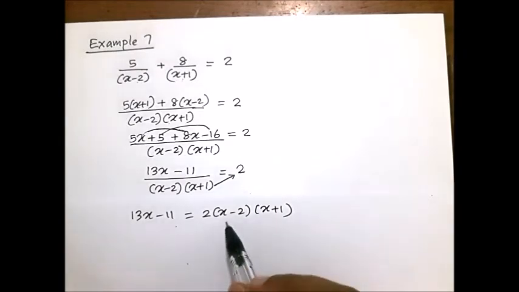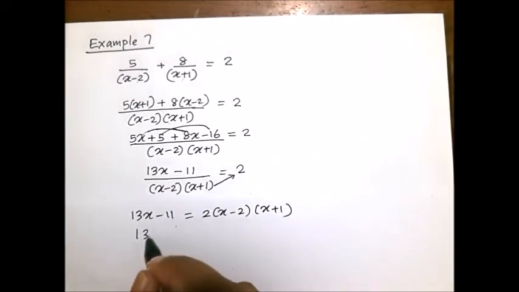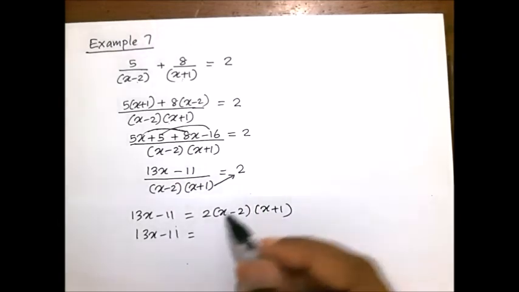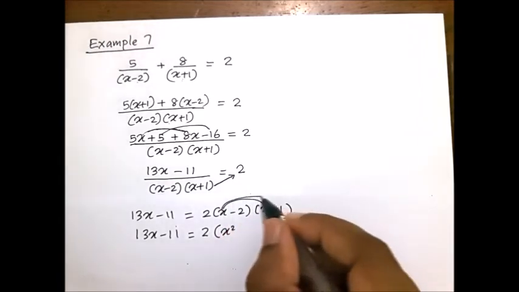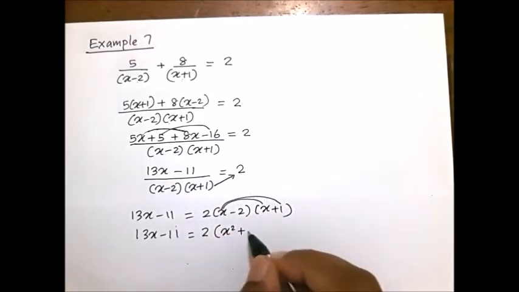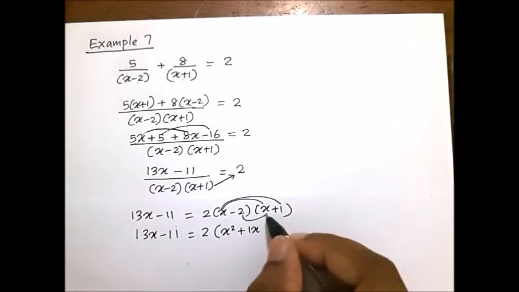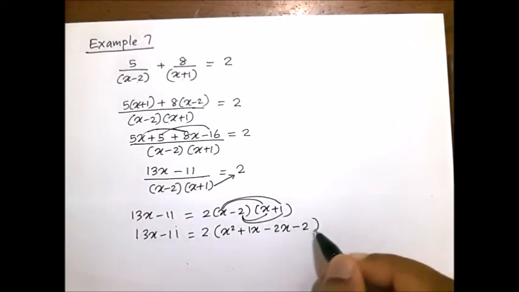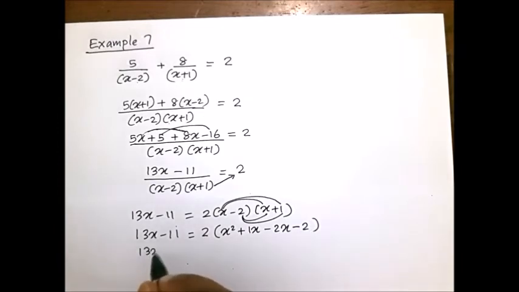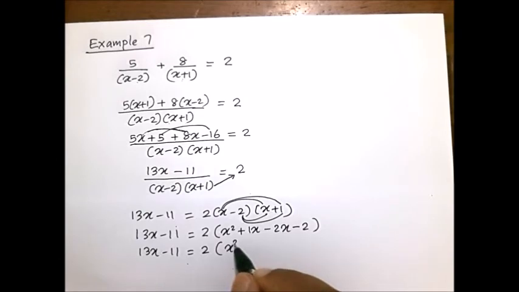First remove brackets on the right hand side. 2 within brackets: x multiplied by x is x to the power 2, x multiplied by 1 is 1x, minus 2 multiplied by x, minus 2 multiplied by plus 1. Now simplify the terms within brackets. Plus 1x minus 2x is minus 1x.